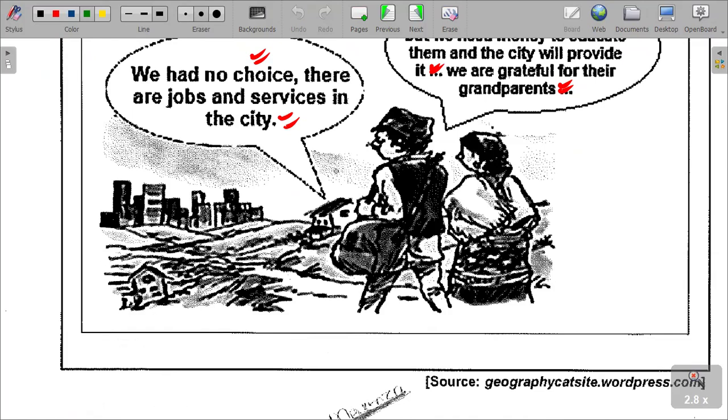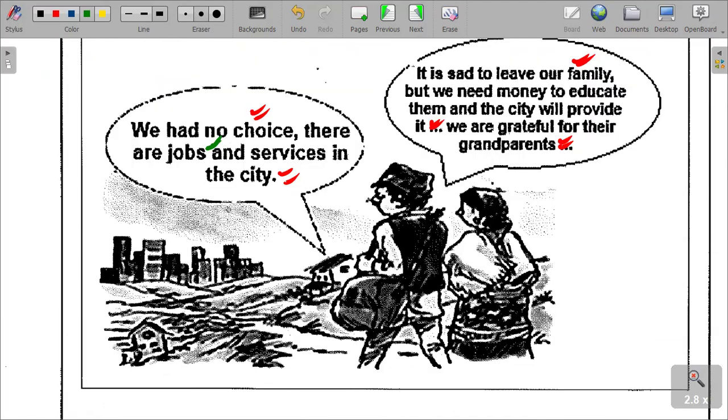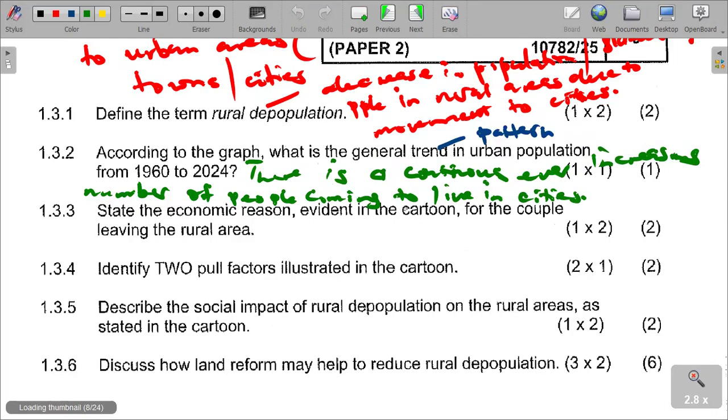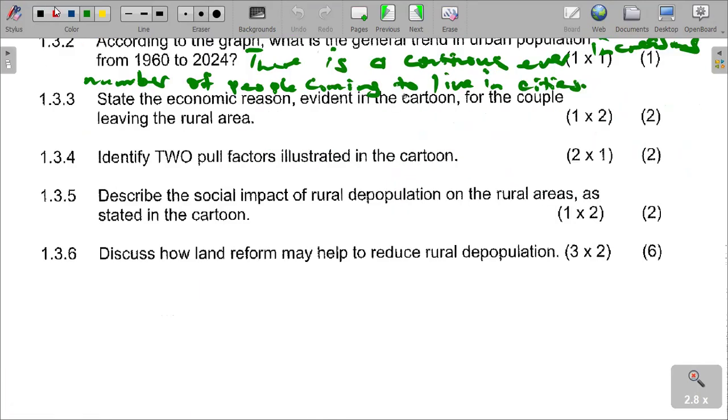We had no choice. There are no jobs and services. The need for jobs and services is causing people to leave rural areas for cities, and also an expectation of better salaries. We need money to educate them. There is a need for money. So there are economic push factors causing people to move from rural areas to cities.